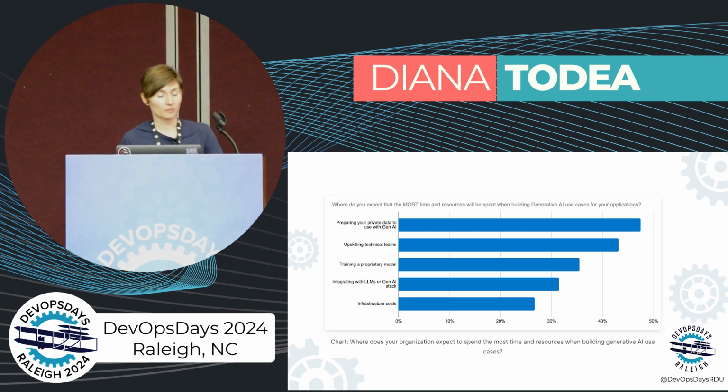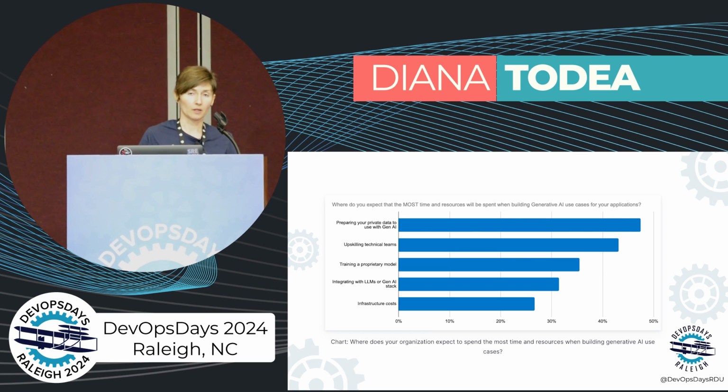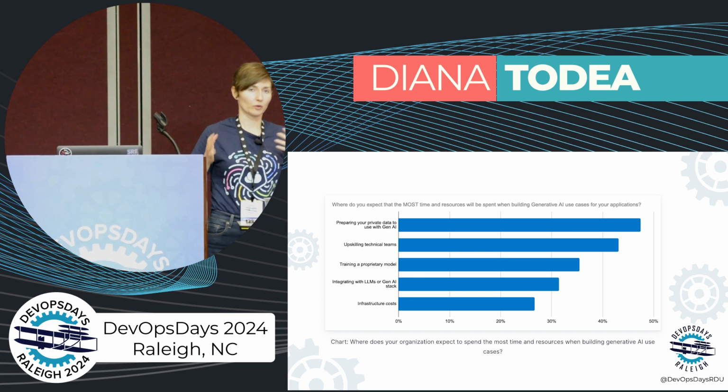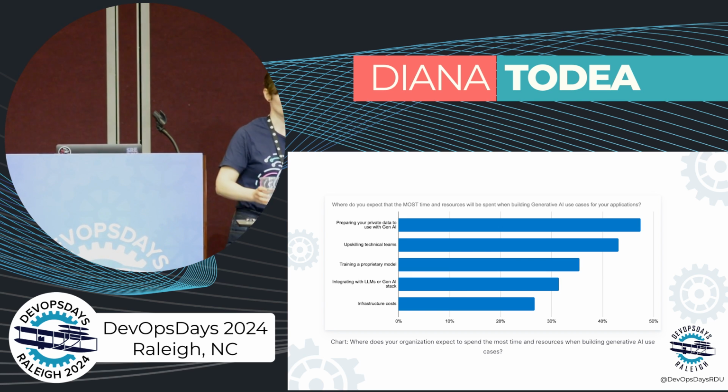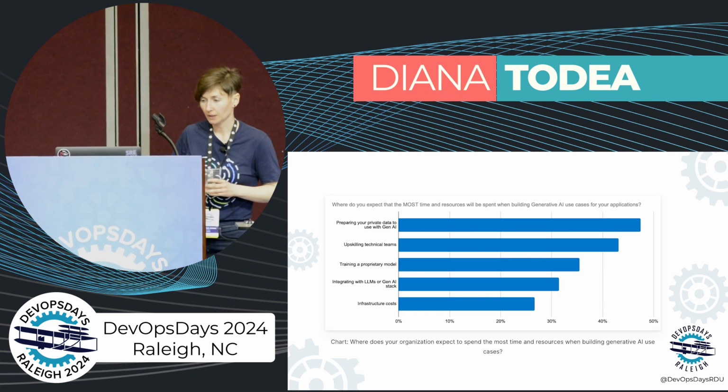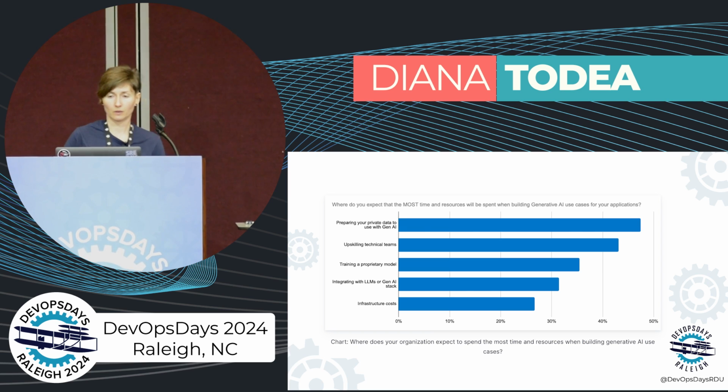Because it looks like some challenges appeared, like preparing your private data to use with GenAI, upskilling technical teams, training a proprietary model, integrating it with LLMs or the GenAI stack, or infrastructure costs. In that sense, serverless can be a good alternative to bring down some of the infrastructure costs. On the other side, obviously, you need to spend more time upskilling and trying to find the best use case for your organization.